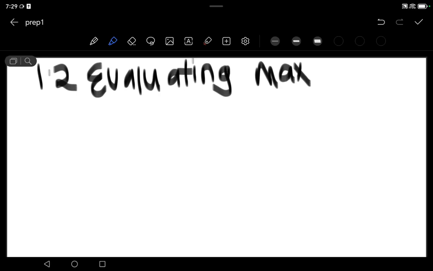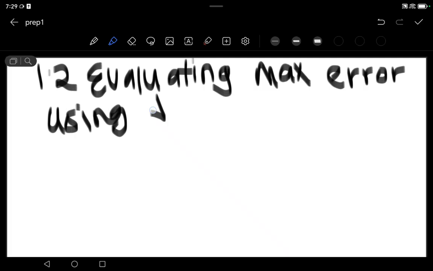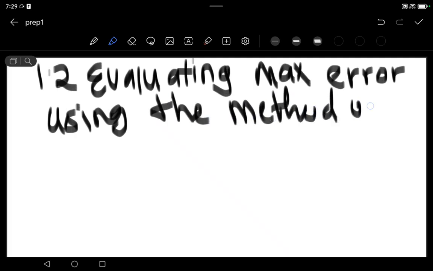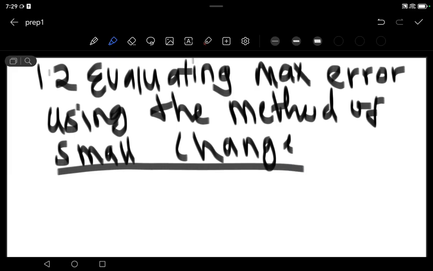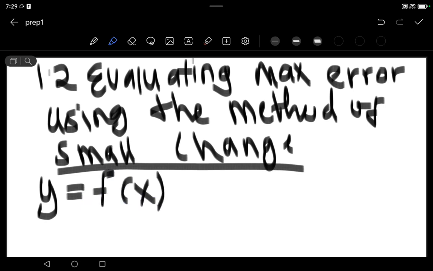Evaluating maximum error using the method of small change. Okay, so we're going to do 1.2. So for sure you know this, that y is the same as f of x, right?